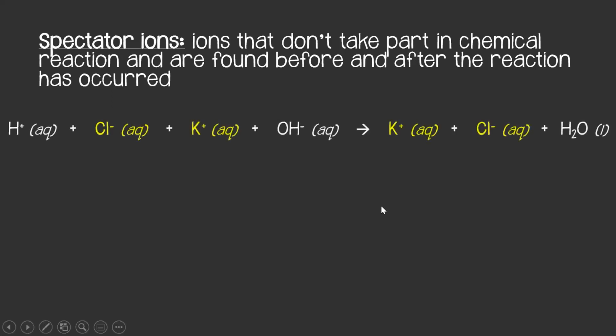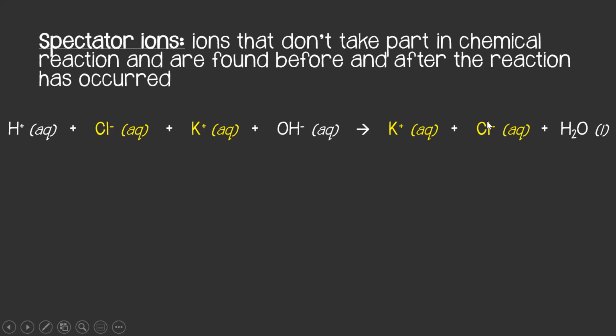So I've taken that ionic equation, exact same thing, and now I've highlighted what ions are the exact same on both sides. Here's my arrow. To the left I have my reactants, and to the right I have my products as ions. H plus is only on the reactant side. No H plus on this side. Chlorine minus, however, is on both sides, so I've highlighted it.